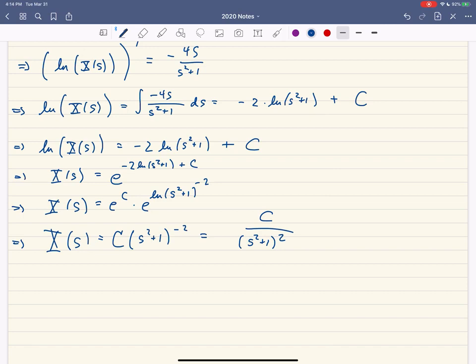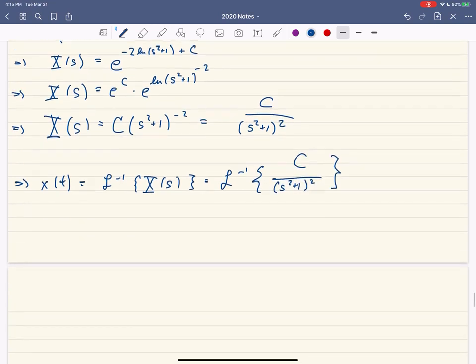And we're almost done. So that means that little x of t is going to be the inverse Laplace transform of capital X of s. So in other words, it'll be the inverse Laplace transform of c over s squared plus 1 squared.